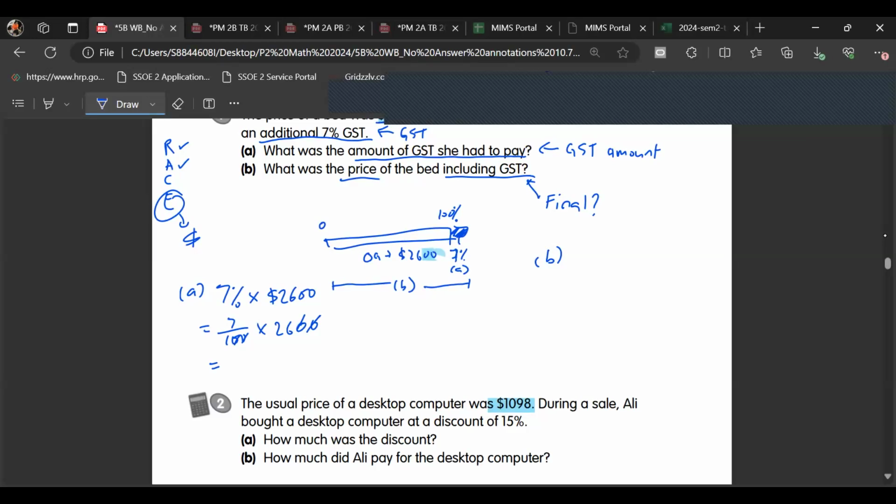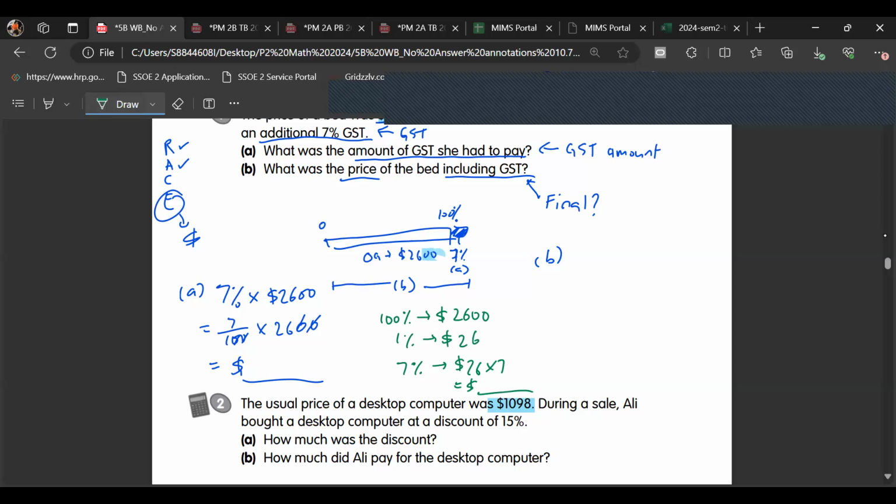Don't forget your units. Or the other possible method: 100% is $2,600. 1% is $26. Very easy to calculate because it's such a nice number. So 7% is 26 times 7. So you end up with the same answer.